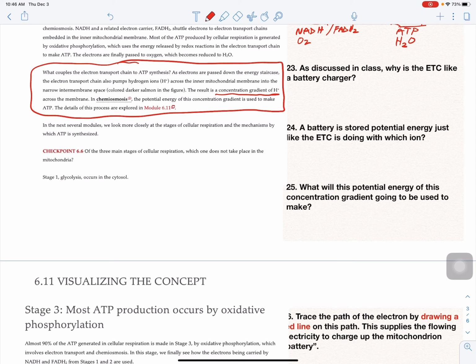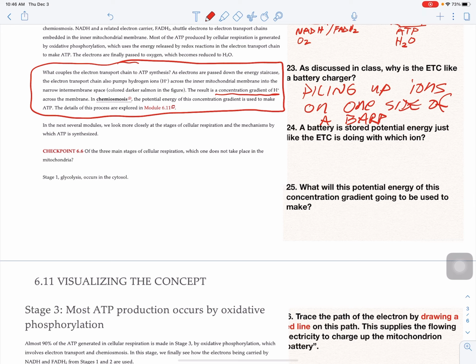And we can say that simply by saying it's piling up ions on one side of a barrier. In this case, that is the membrane inside of the mitochondria.